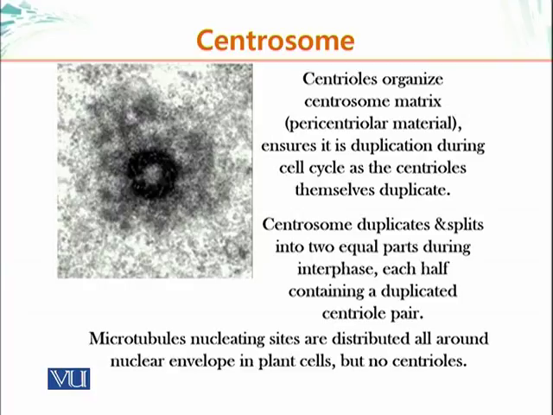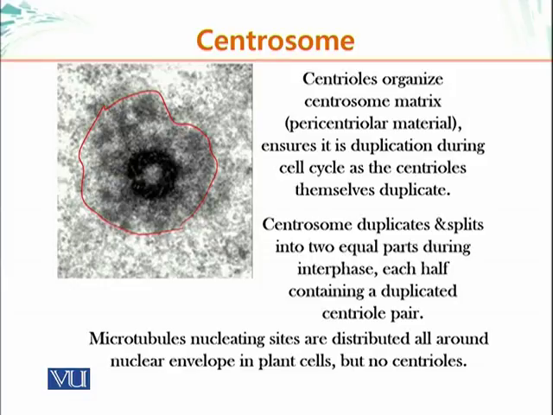Here you have a centriole. You can see the centriole. It is made up of microtubules actually, and the centriole is surrounded with this material. This is the amorphous material surrounding the centrioles, forming the centrosome. The centrioles organize centrosomal matrix, which is also called, by the way, pericentriolar material, and also ensure its duplication during cell cycle as centrioles themselves duplicate.